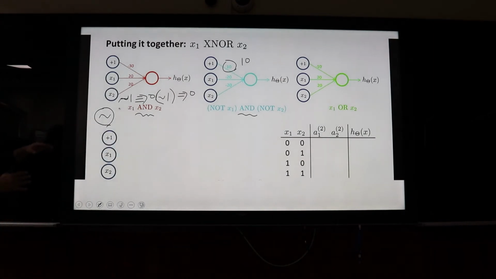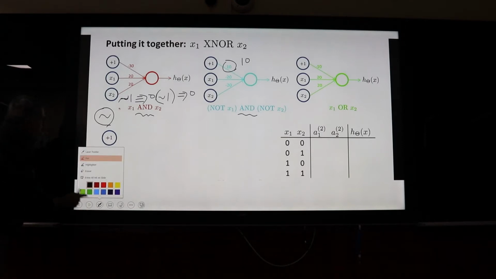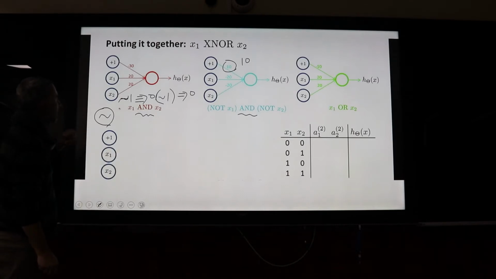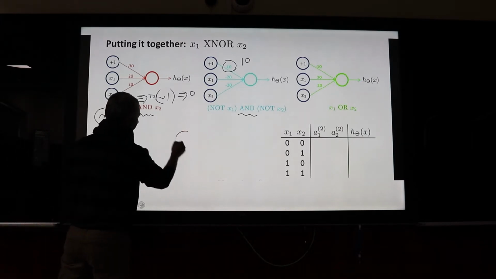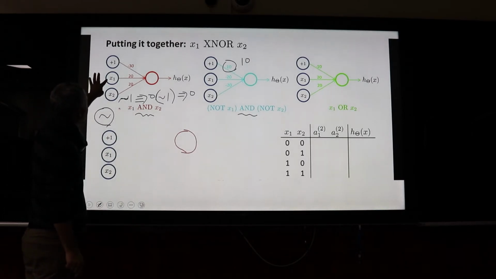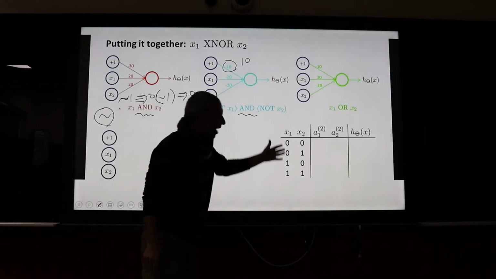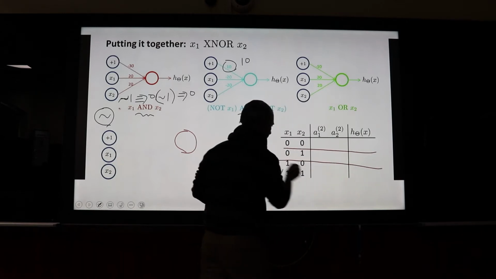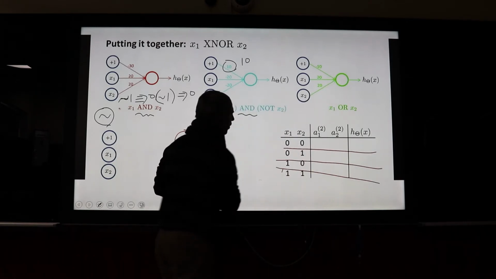Let me merge all in some big sector. First of all, now two possible activation functions at this point. The first one, again we are dealing with two standard features x1 and x2. So there are 4 possible rows.